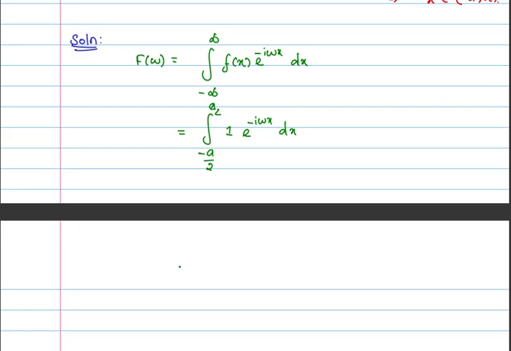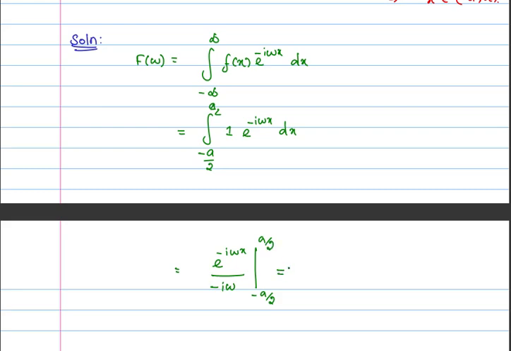If you integrate, you will get exponential of minus i omega x divided by minus i omega, evaluated from minus a divided by 2 to plus a divided by 2.